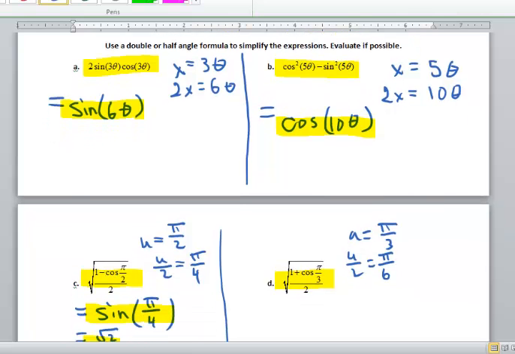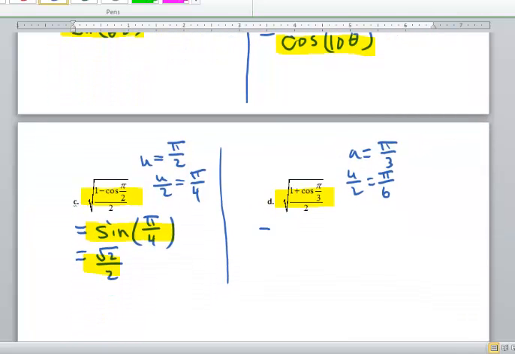So what is this really going to be? This is really just going to be the cosine of u over 2, which is pi over 6. And we know the cosine of pi over 6 is just going to be radical 3 over 2. So again, we simplified it, and then we evaluated it.